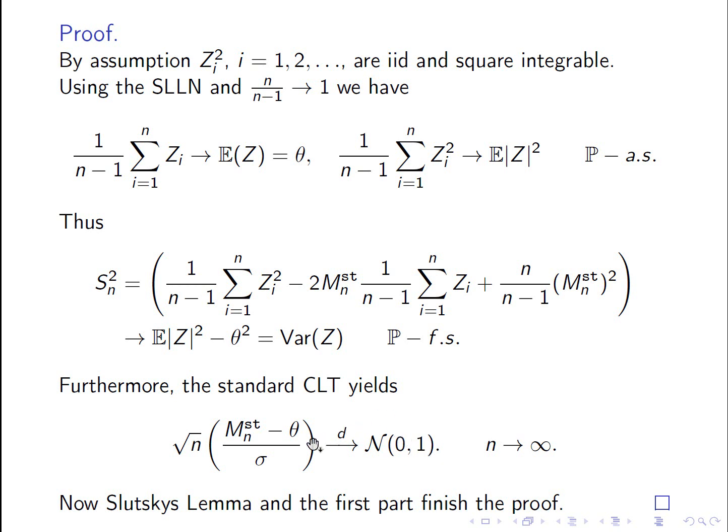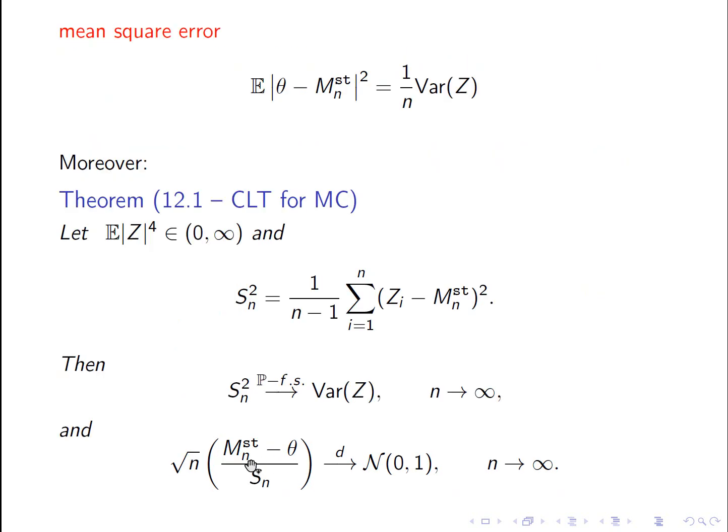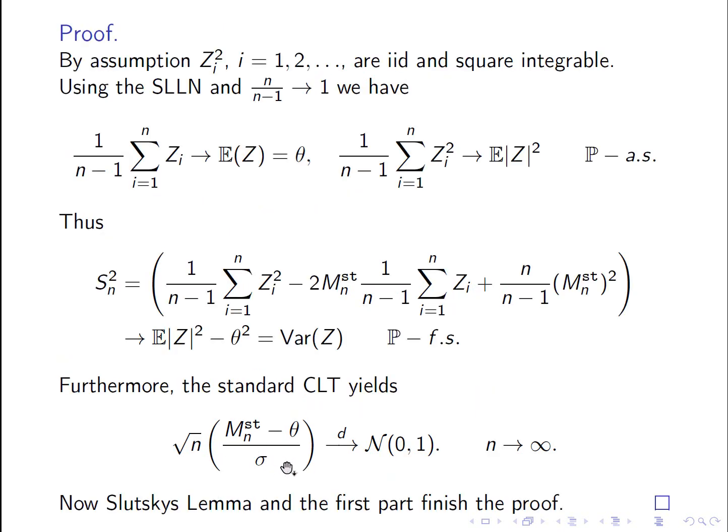Okay, now we don't have sigma, which is the standard deviation of z, but we have Sn. But we know Sn squared converges to the variance, so Sn converges to the standard deviation. So we at least know that sigma n converges to sigma.